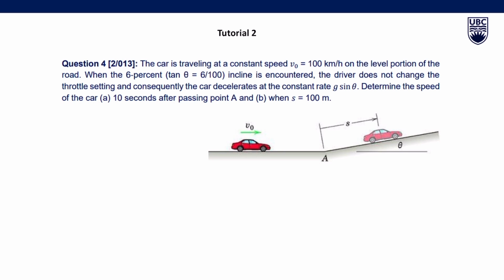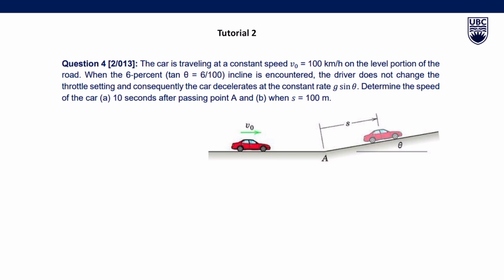Whenever you see a question like this, the first question you need to ask yourself is whether it's a constant acceleration question or a non-constant acceleration question. Because if you find this, then you know which equations you are going to use. If you don't remember the equations, you can pause the video and go to the part where I wrote the equations, and then you can use them for this question.